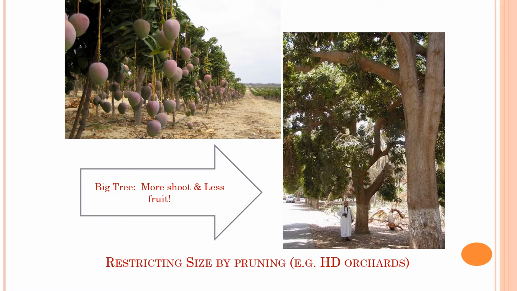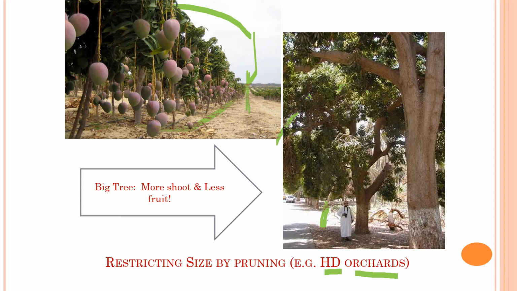Here again, we are talking about the size of the tree, and we talked about this before because this is part of the orchard management too. In high density orchards, we also prune trees. These trees are pruned, and these trees are not pruned. And you can see, relative to the size of the individual, how big these trees compare to these ones.